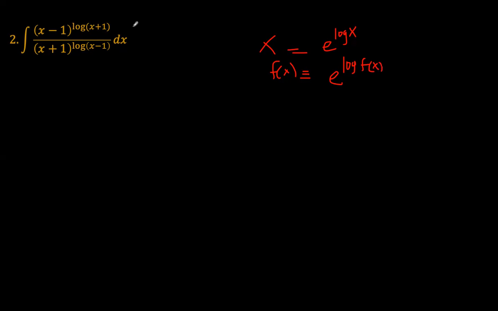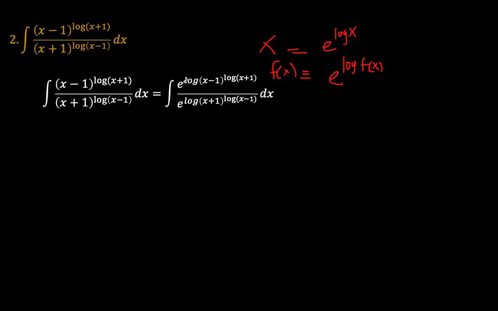So what we can do here is express the numerator and denominator independently in this form. The numerator is the same as e to the power log of (x minus 1) to the power log(x plus 1), and the denominator is e to the power log of (x plus 1) to the power log(x minus 1). Now, by the rules of logarithms, we can take the powers to which the logarithm is being taken and bring them to the constant position.